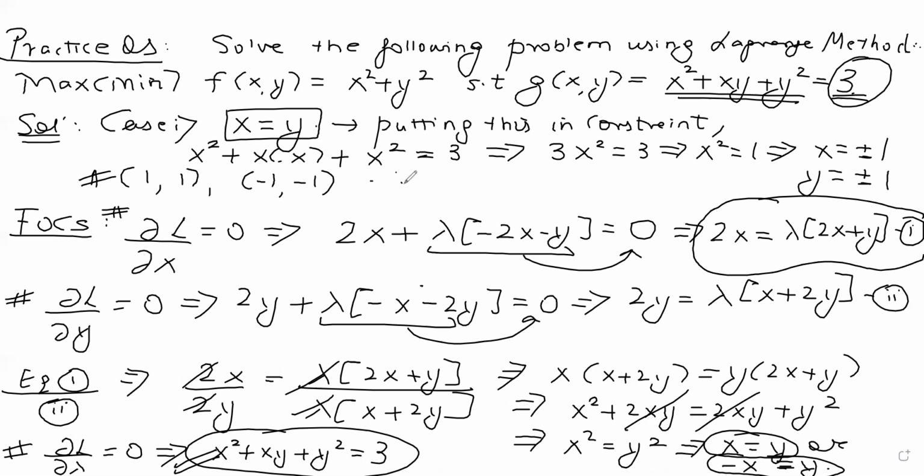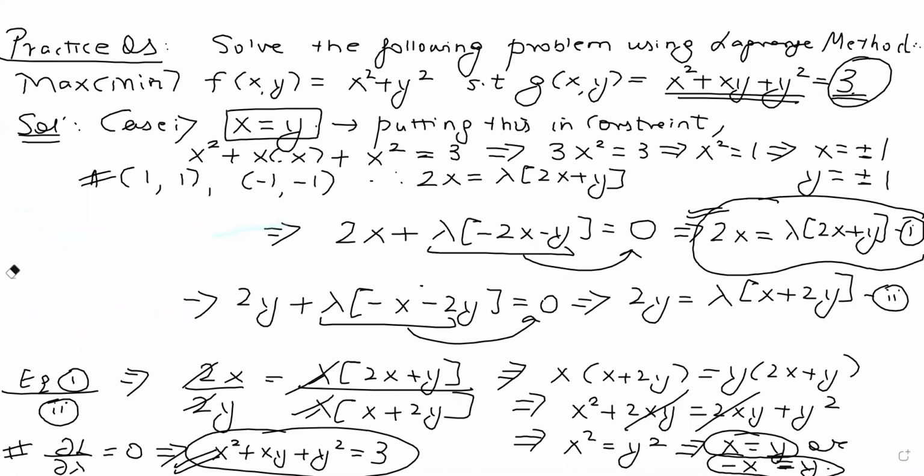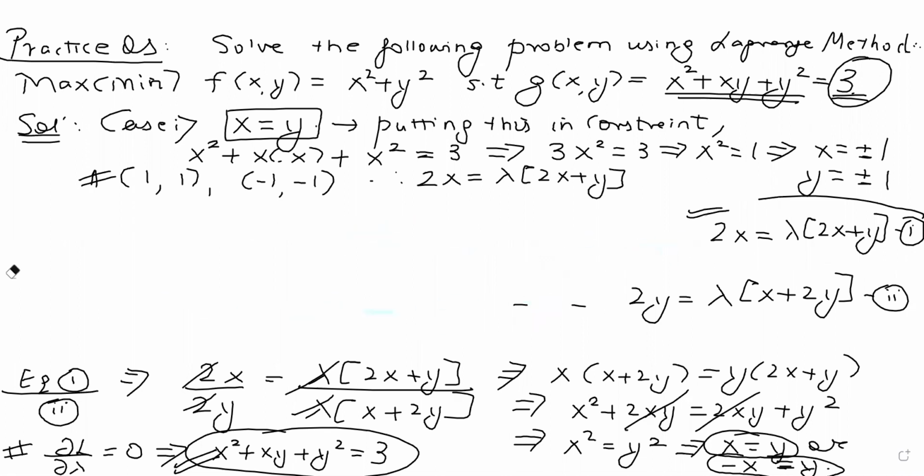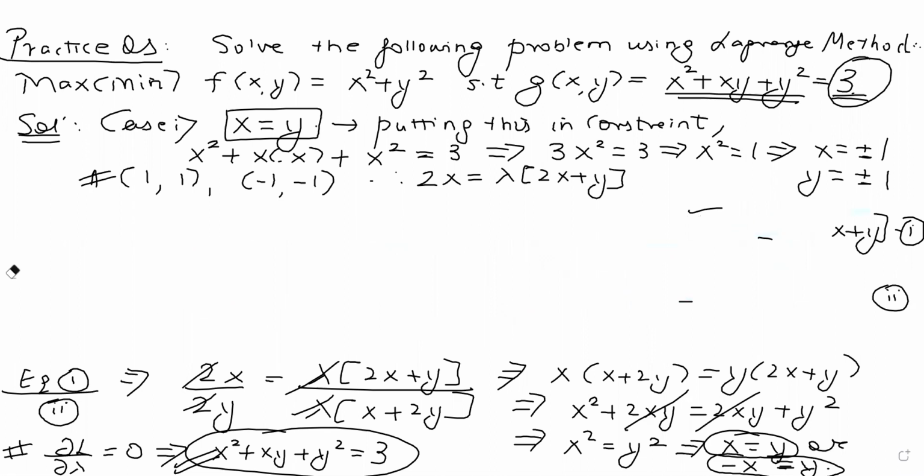So if I use this equation, guys, 2x is equal to lambda times 2x plus y, I can use this equation. Okay, so I am erasing this particular part and the first order conditions.